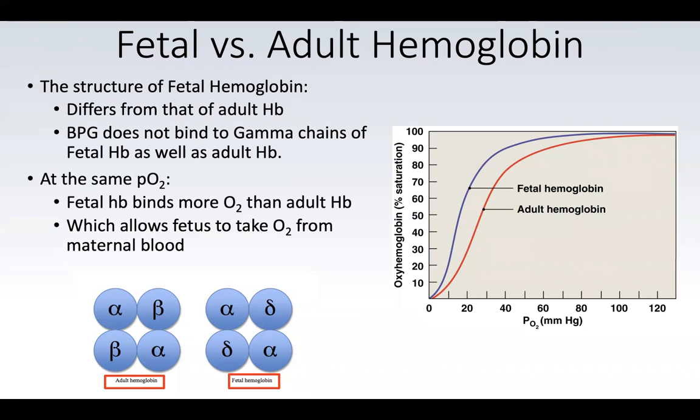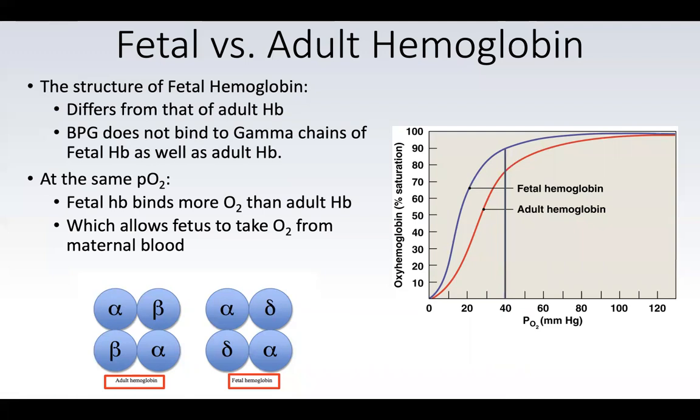So what gamma chains allow is for fetal hemoglobin to bind more easily to oxygen than adult hemoglobin. It will also allow the developing fetus to more easily take oxygen from maternal blood, because the developing fetus will likely need it a whole lot more than mom.